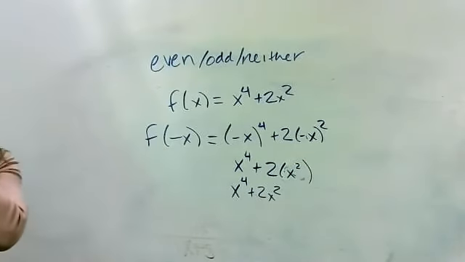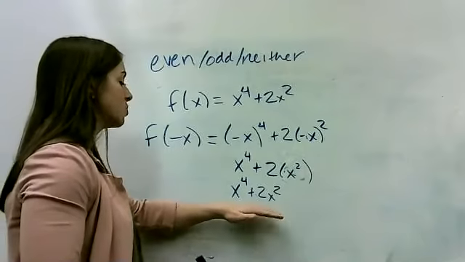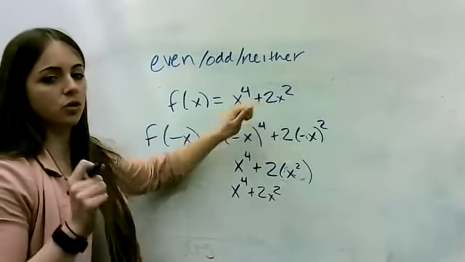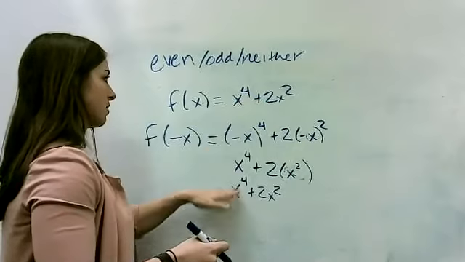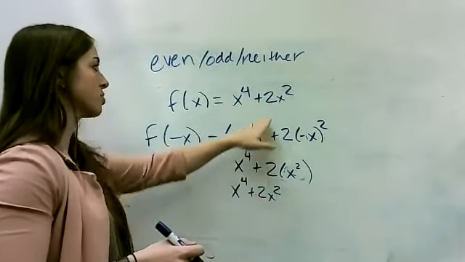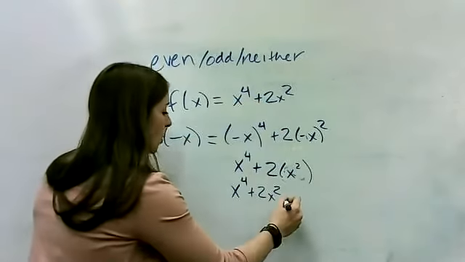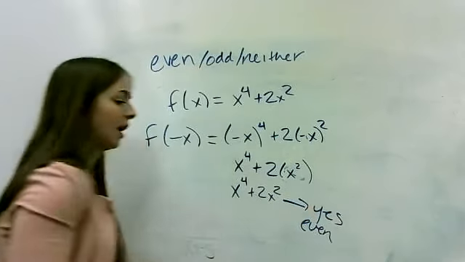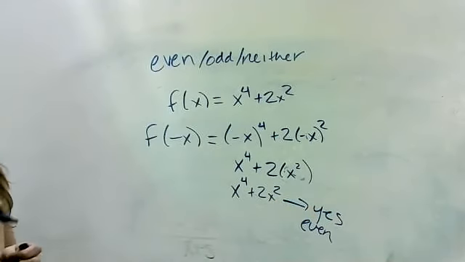As soon as I fully get this simplified down, I ask, is what I have now exactly what I started with? If yes, then this function was even. Positive x to the 4th, positive 2x squared. So I get to stop here and say yes, even, and I don't have to do any more tests.